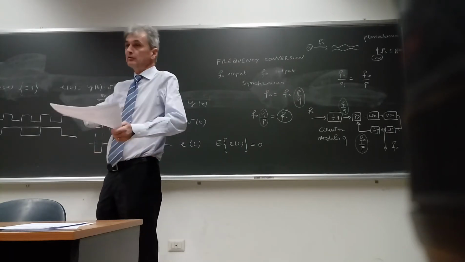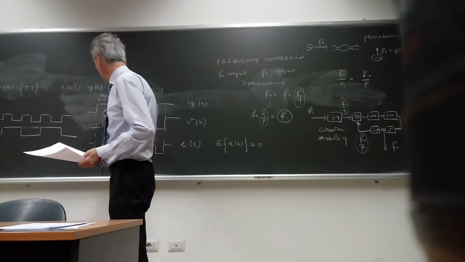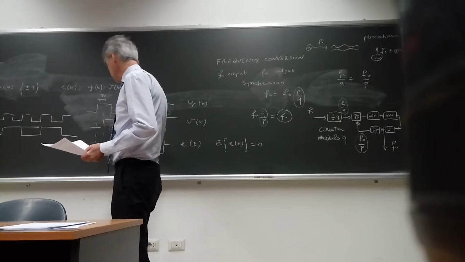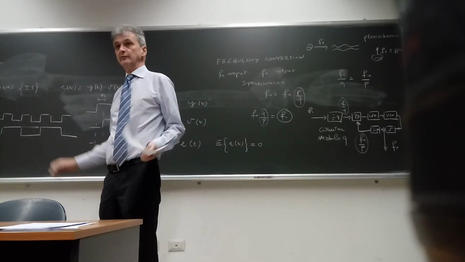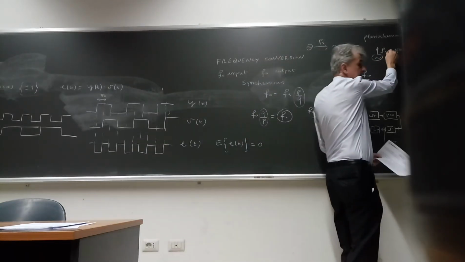Okay? You can wait for the time that you want. Count here, you will always have rising edge, falling edge, for all the time. While in this case it is different.